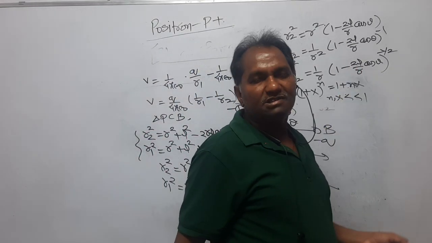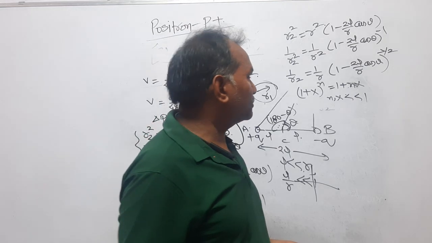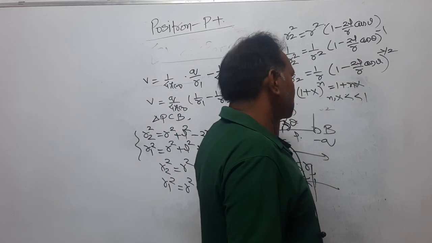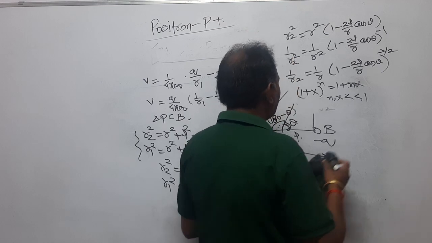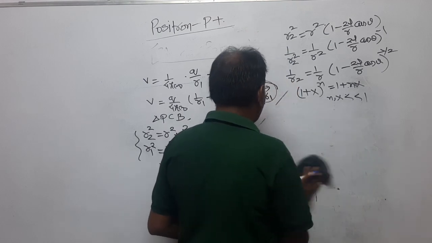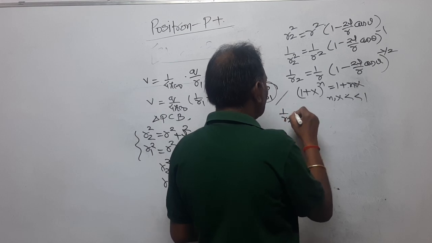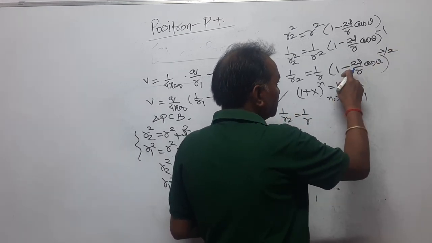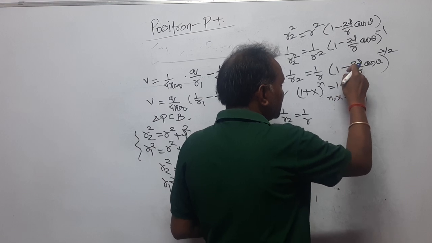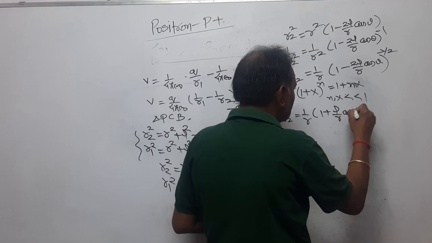L is the distance of the dipole, and that is in the angstrom range. So L upon R is very small, and here n is less than 1. So you can apply this concept here, and you will get 1 upon R2 equal to 1 upon R. This would be multiplied by minus 1 by 2, 2 will be cancelled, so it will be 1 plus L upon R cos theta.